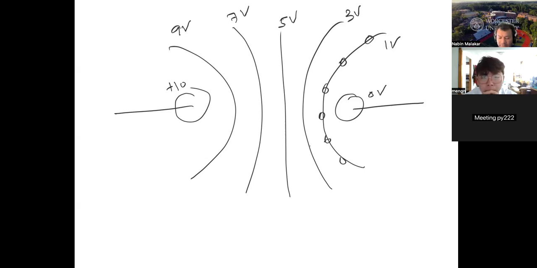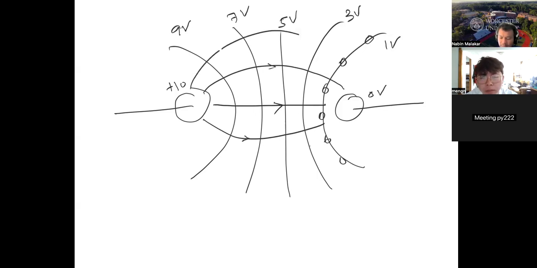And then the electric field we know over here is going to be like this, right? And then it's going to be going like this because electric field is perpendicular to the potential, right? So theoretically we know, but practically you have to draw the electric field line here similarly, right?